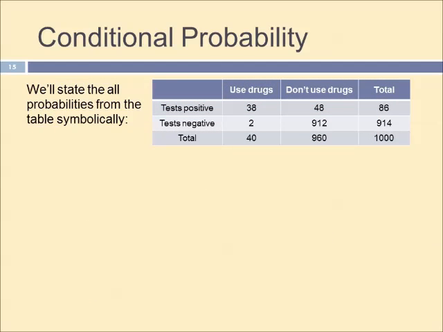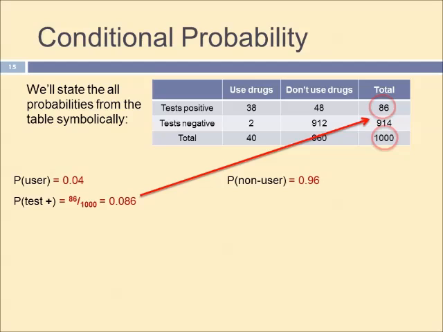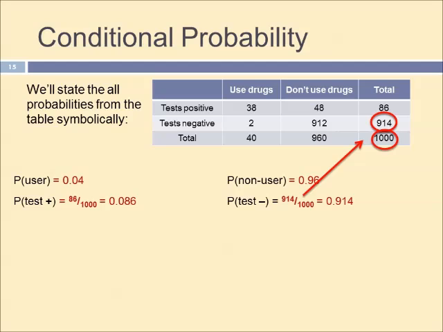Now, we'll state all the probabilities from the table symbolically. Probability a person is a user is 0.04. That's 40 out of 1,000. Probability of a non-user is 0.96. Probability someone tests positive, 86 out of 1,000. Probability someone tests negative, 914 out of 1,000.